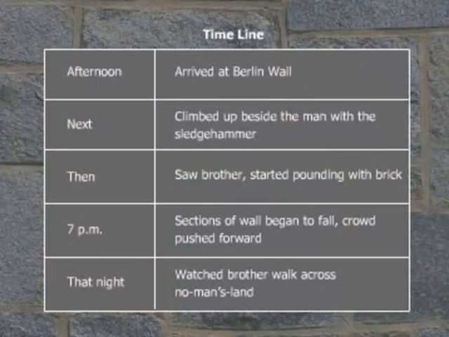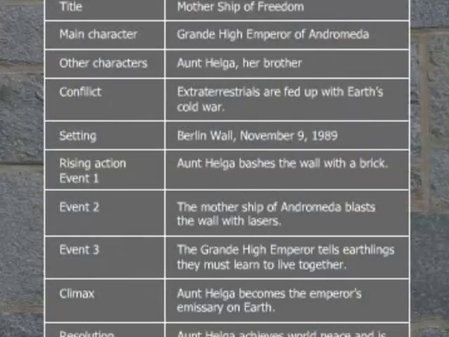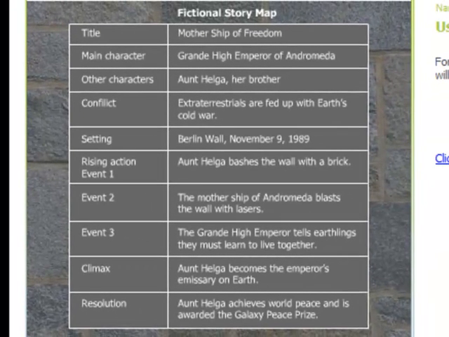Timeline we've talked about in pre-writing, just using the timeline to organize your ideas and thoughts. Story map, this particular graphic has it in a chart form, but we've talked about the story map in a plot structure video.